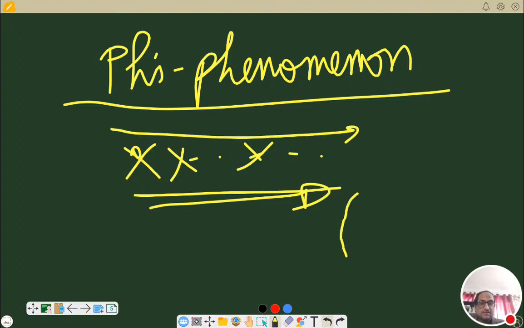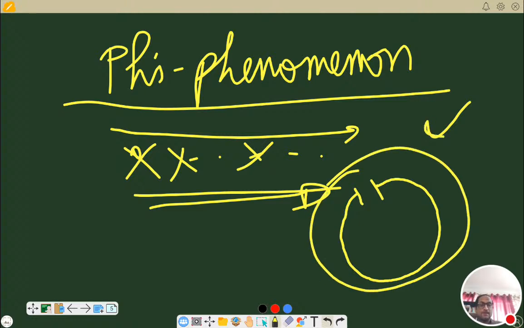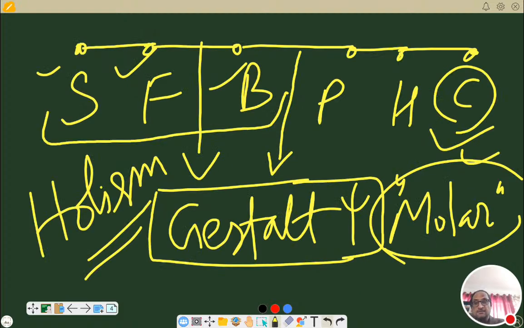When you see a circle with a small part missing, from a faraway position you will realize that it's a complete circle, because in your mind, in your perception, you see things in entirety, Gestalt. So cognitive psychology had emerged here itself.